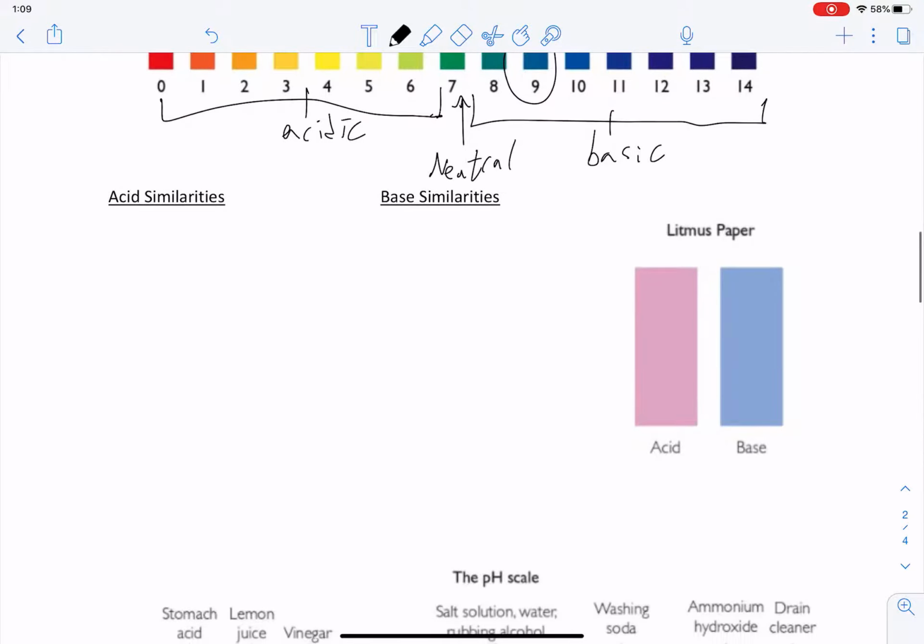And so, some acid similarities: anything that all acids have in common, they all will have hydrogens in the beginning or the front of the chemical formula. For example, we have HCl, which we've talked about.